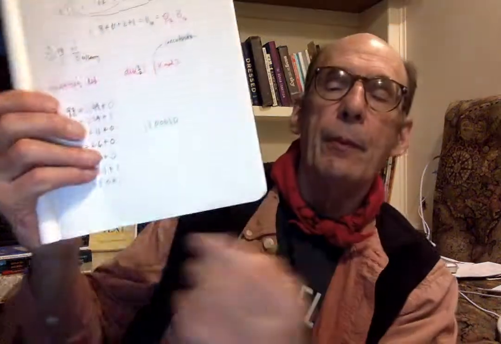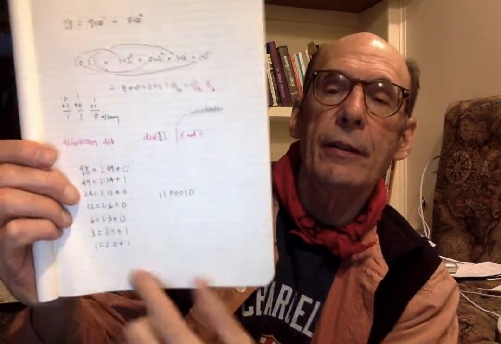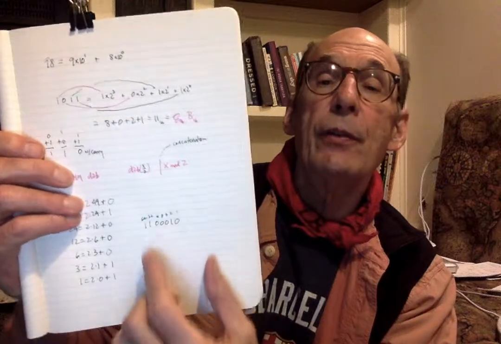And so the equivalent of 98 is 11000010. This is the most significant. This is the least significant. And if we check on that, let's write out some powers of 2 here. Powers of 2 are 1, 2, 4, 8, 16, 32, 64. And so what we're seeing is where the coefficients of 1 occur are at 64 plus 32 plus, I'll skip a few because they're 0 so they don't change the value, plus 1 times 2.